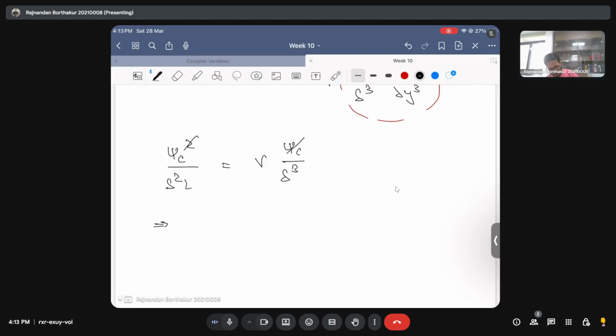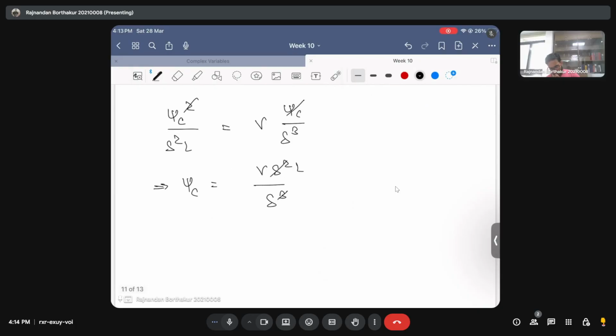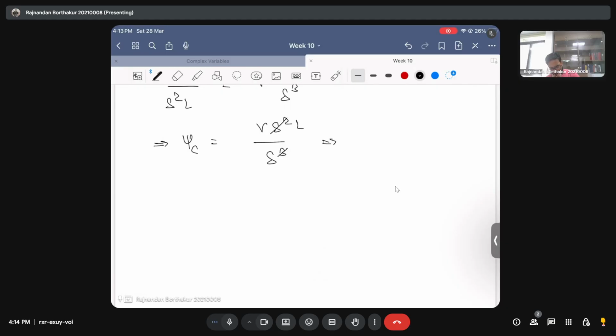So your psi c becomes equal to nu delta squared L by delta cube, which basically comes out to be equal to nu L by delta. And then I'll use one of the facts.